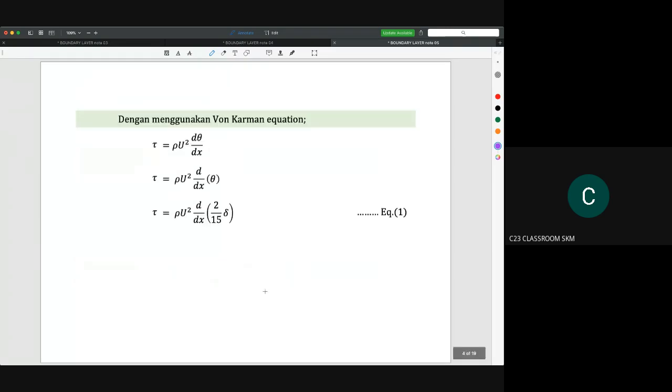So how do we use the Von-Karman equation? Please listen to this. The Von-Karman equation is tau equal rho U square d theta dx.